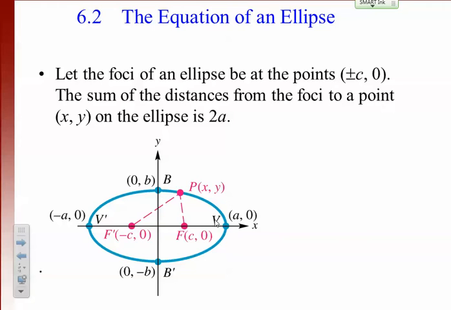From here to here is a plus a little more, and that little more is what's left of A. So the constant distance on these ellipses is 2A.